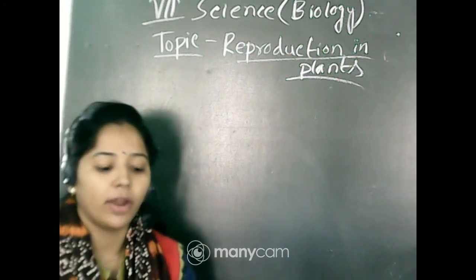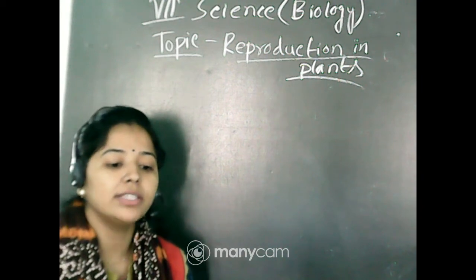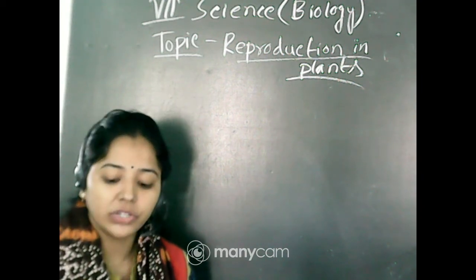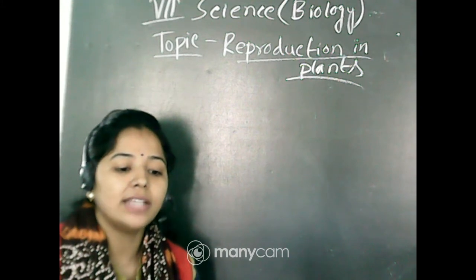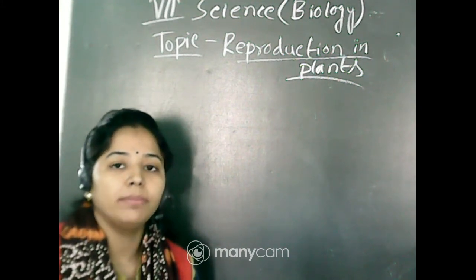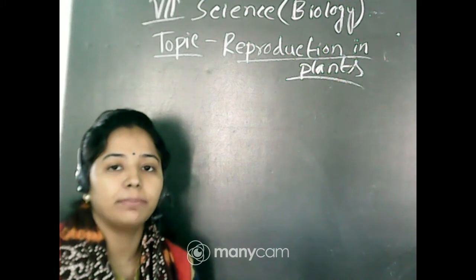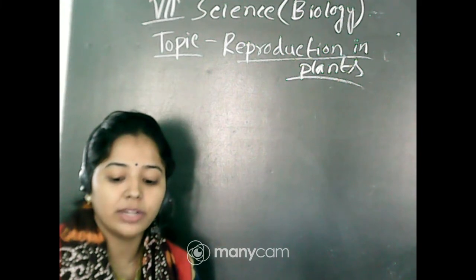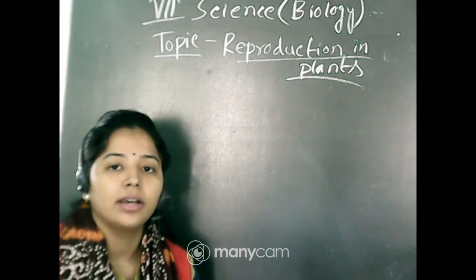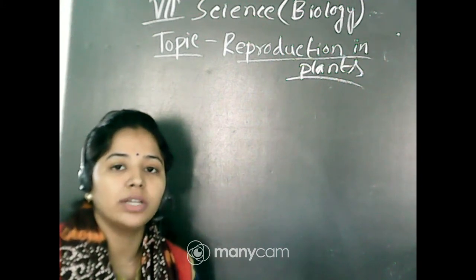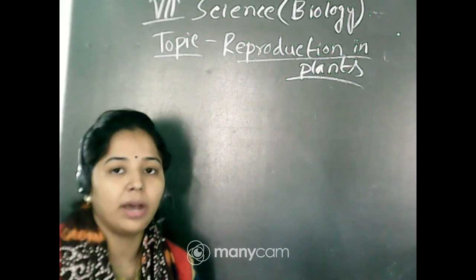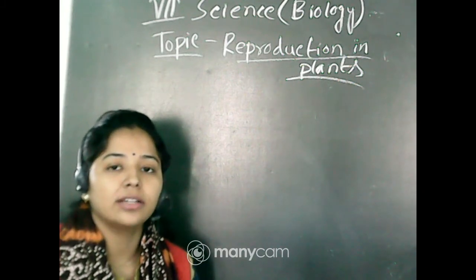Now comes to the point, that is pollination. Now how does this reproduction take place? Pollination means, as I have already told you, the anther that possesses pollen grains, which produce the male gamete, must reach the stigma of the pistil, so that the male gamete and female gamete can fuse together to form a zygote.